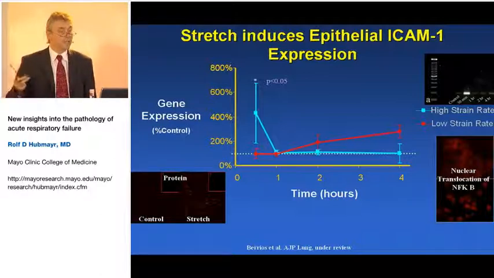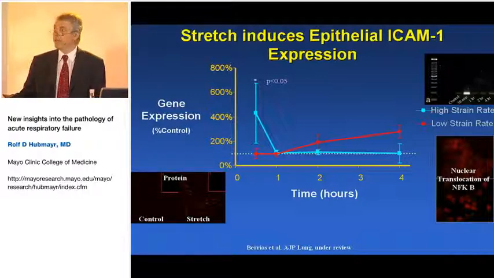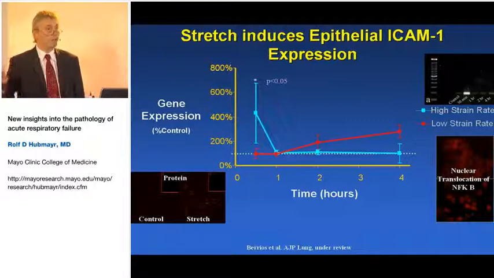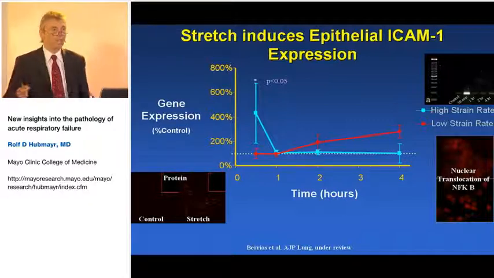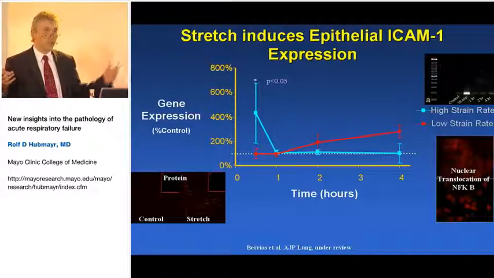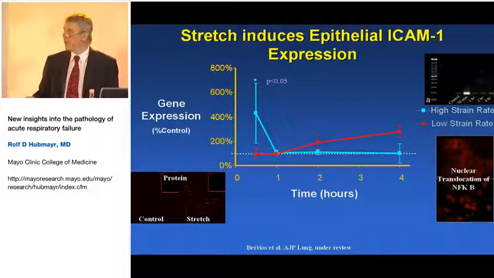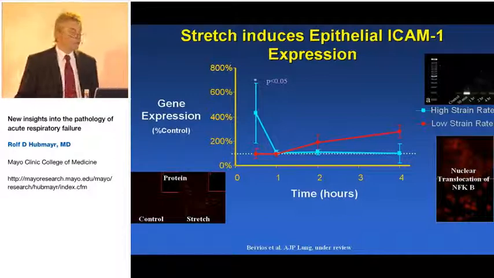It mediates the interactions between white cell and endothelium. In epithelial cells, it probably mediates the interactions between macrophages and the epithelium. And all it points out is that a deforming stress can be a pro-inflammatory stimulus with respect to this signaling molecule. And if you look here, the mechanisms involve NF-kappa B, but that's not why I'm showing this.